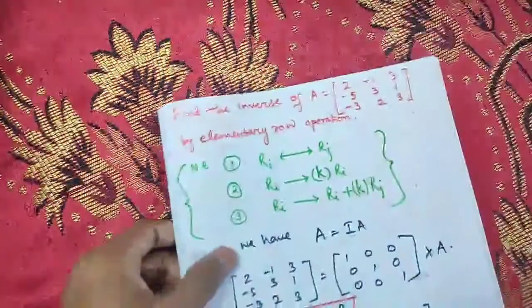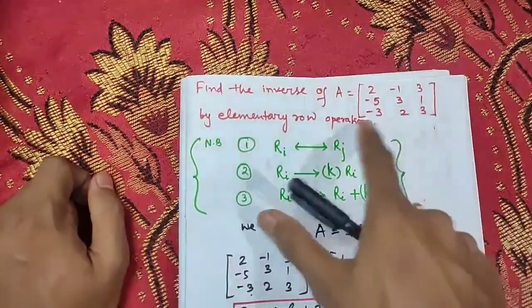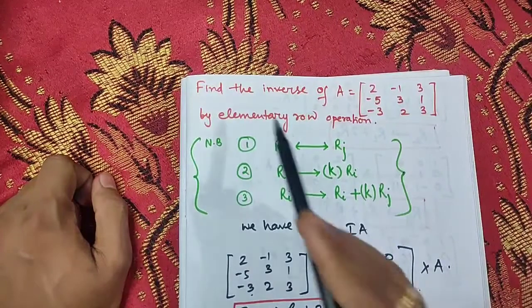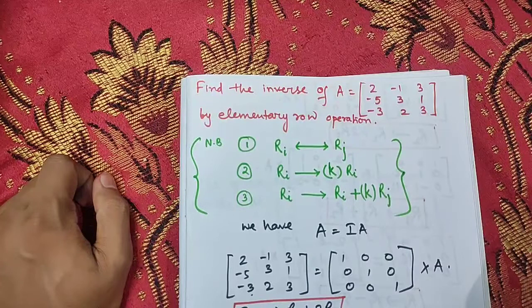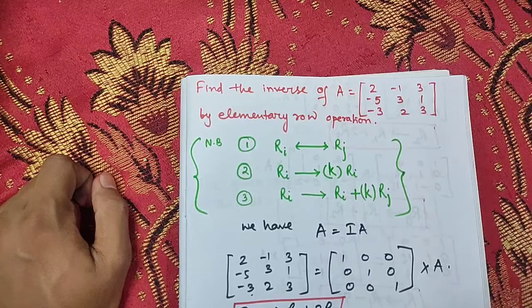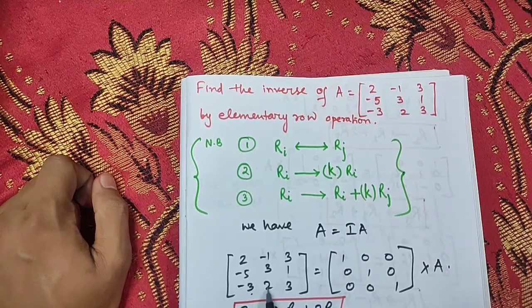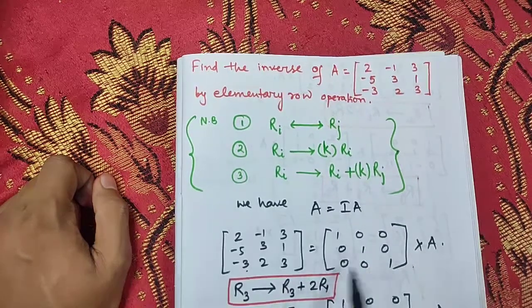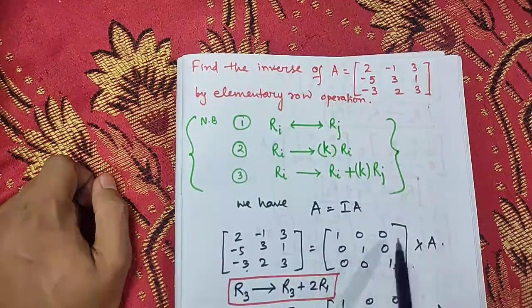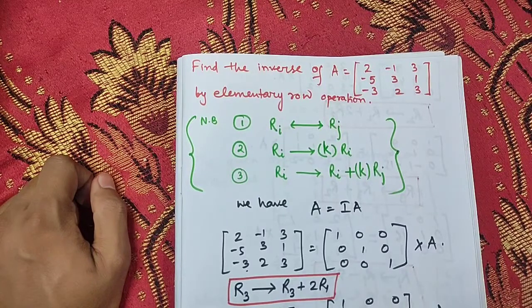Okay, now see, here I have taken one 3 by 3. You have to find inverse of this matrix by elementary row operation. That means A is equals to I into A. See here I have taken 3 by 3 order 1 0 0, 0 1 0, 0 0 1.